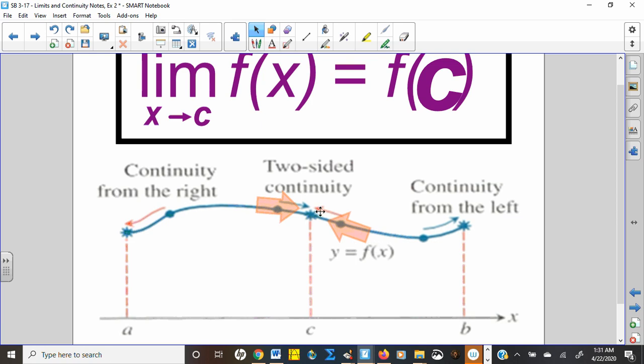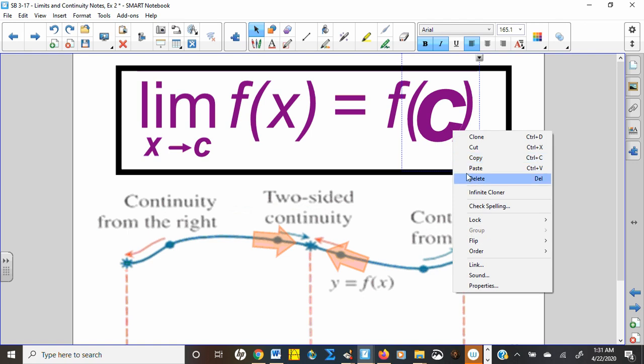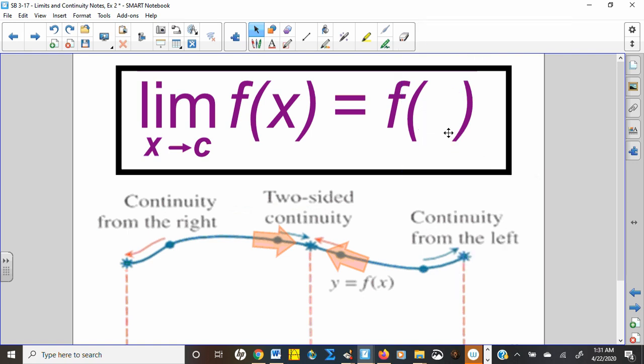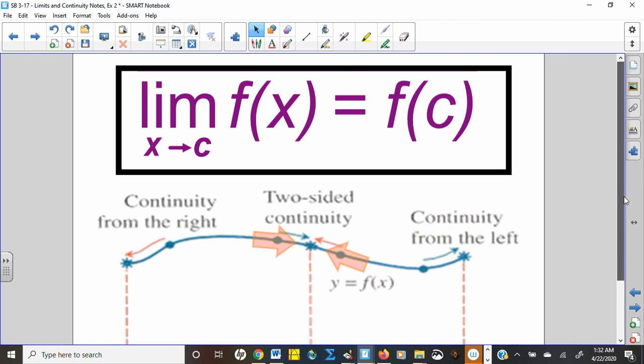Because if I do that, it guarantees there won't be a hole there, and I will bridge the function and achieve continuity. If that's what you're thinking, then you graduated yesterday with flying colors, and you've got continuity down. If that's still a little fuzzy, keep working on it, and maybe reach out and let me know when I can help you, or come to the 3 o'clock help session.